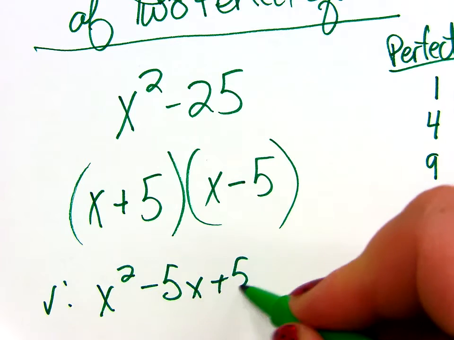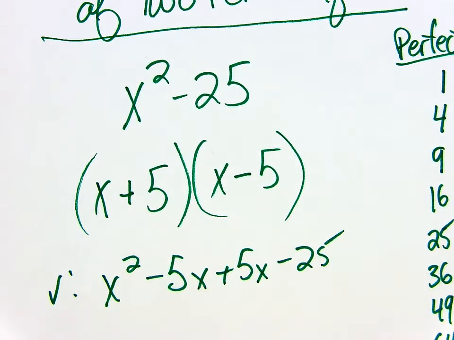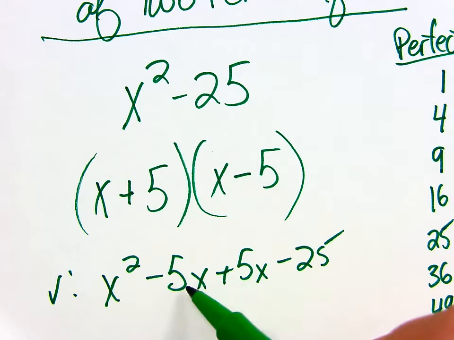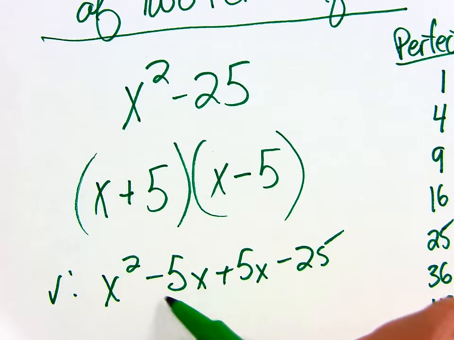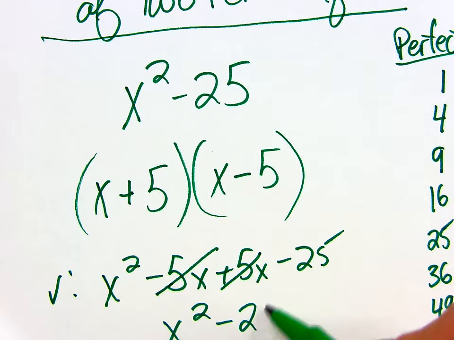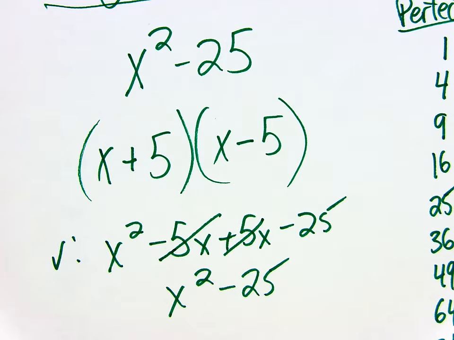Inside, plus 5x. Last, minus 25. Lo and behold, what happens with these two? They cancel each other out. A minus 5x and a plus 5x. By golly, I'm right back to where I started. So yes, this does work.